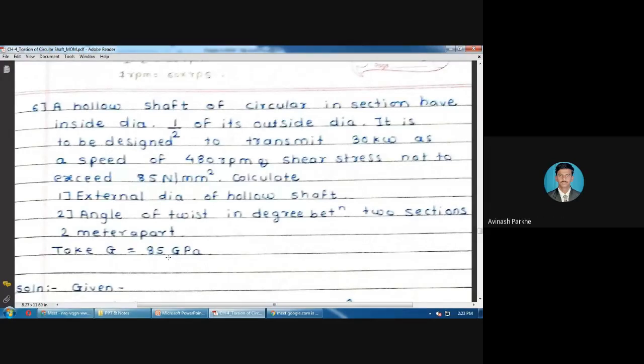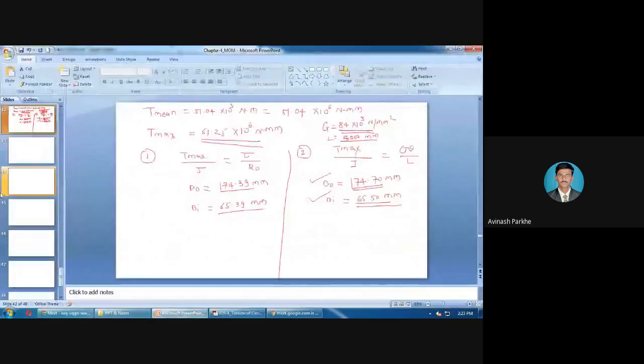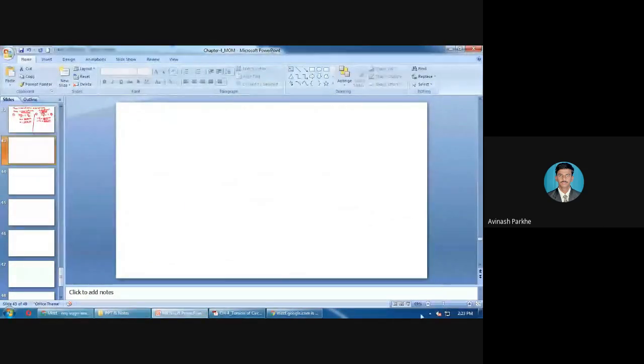596.83. Yes, 596.83. This is Newton meter only. So here you got the mean torque.